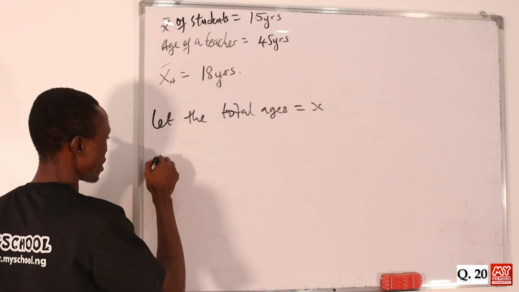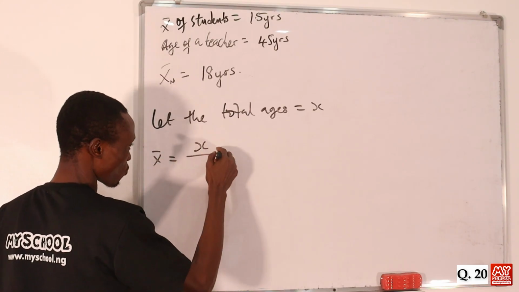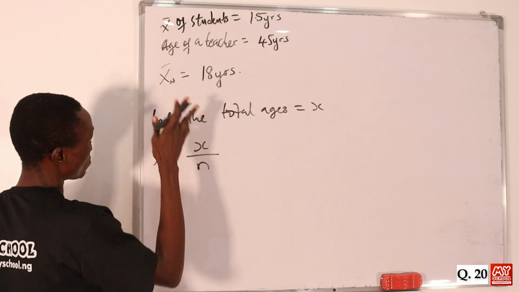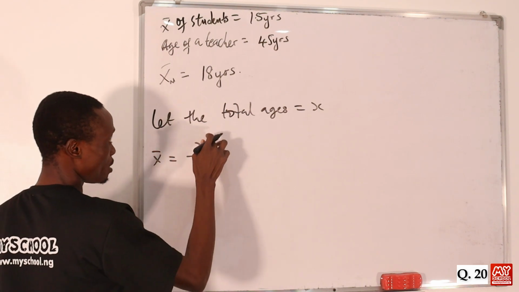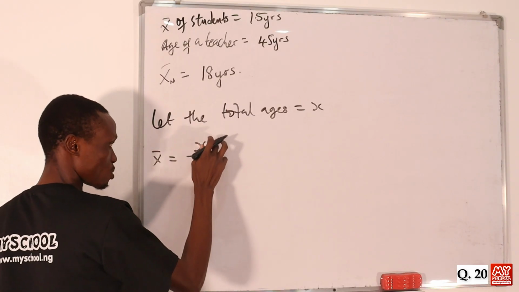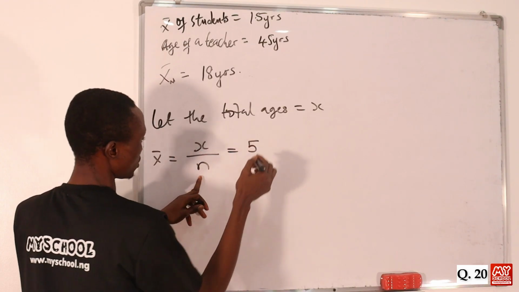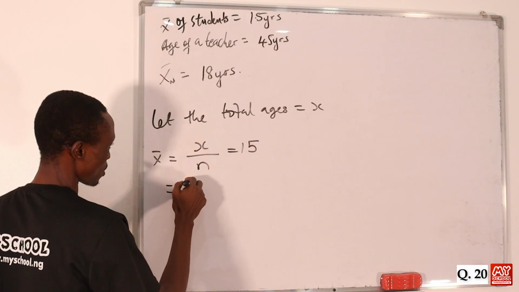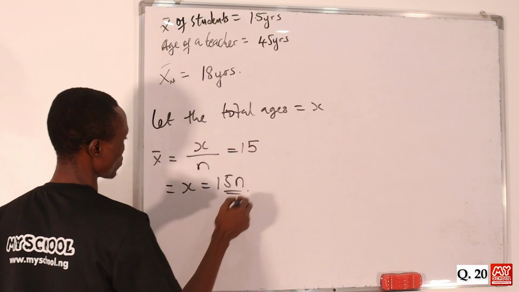But remember that the mean, x bar, is equal to the total over the number of items. So the mean age of the students is equal to the total age of the students all over the number of students, and in this case, it is equal to 15. So here we can get the value of x. This will be x equal to 15n. Let's take note of this.